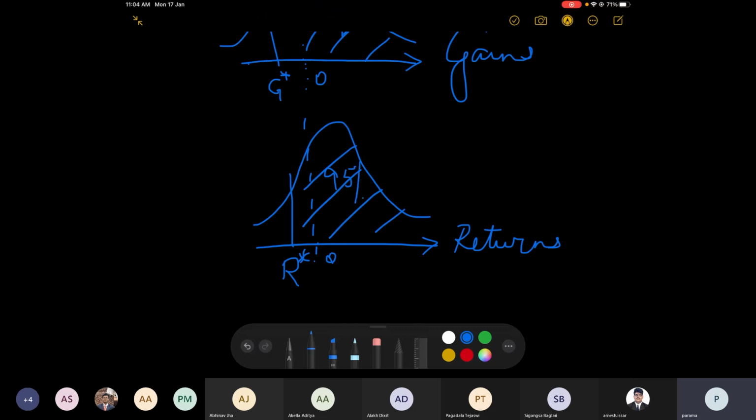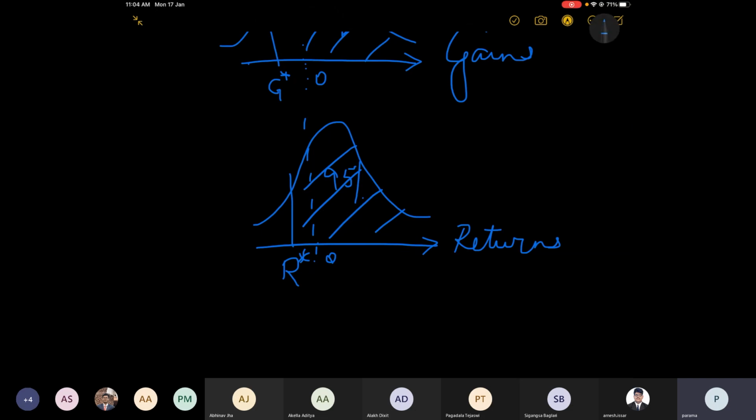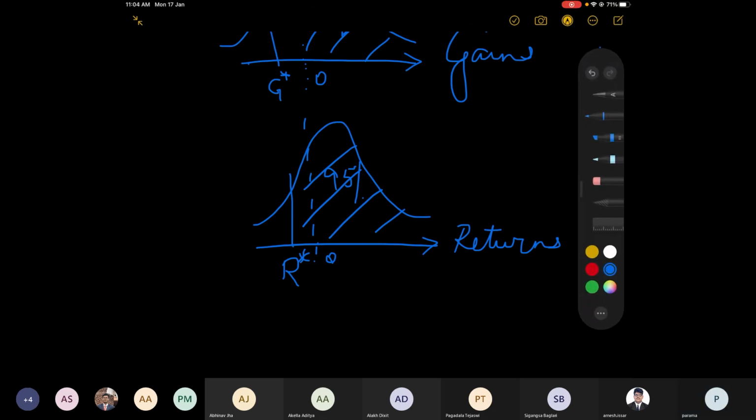And we also talked about this R star, this G, being kind of absolute values at risk.